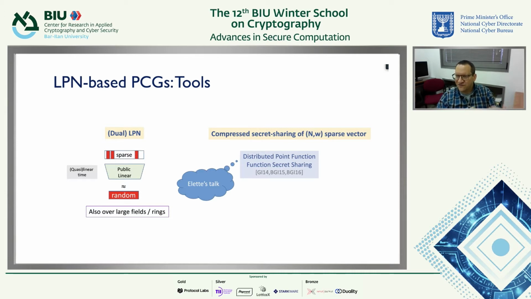So you can think of function secret sharing or distributed point function as a compressed way of additively secret sharing a unit vector. And now you can take any sparse vector of weight W and write it as the sum of W unit vectors. So FSS or DPF give us a compressed way of additively secret sharing a sparse vector, which, as you might expect, will be a noise vector for dual LPN.